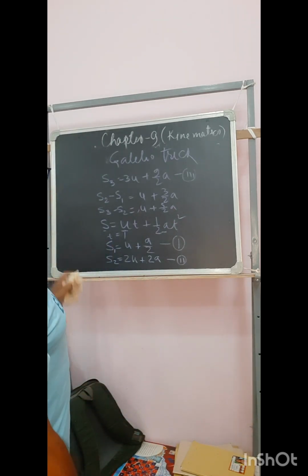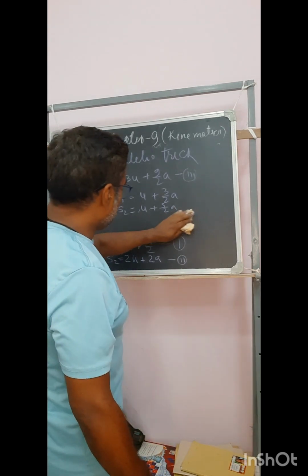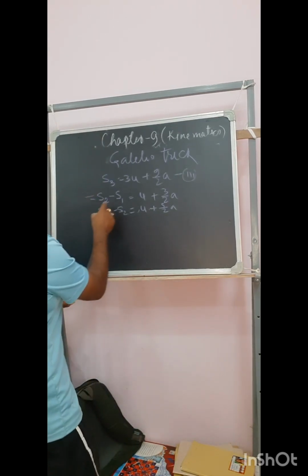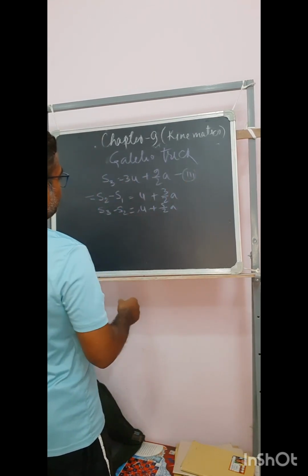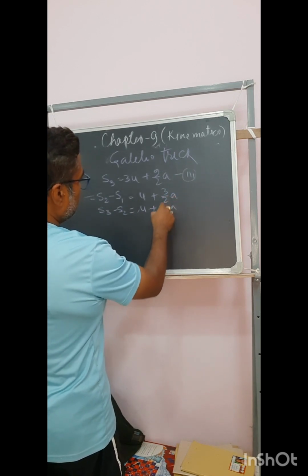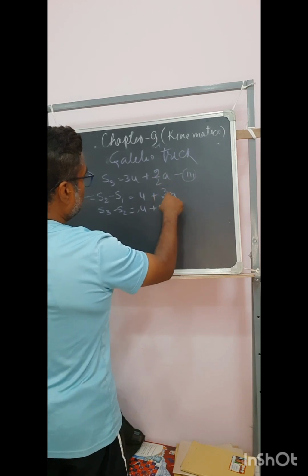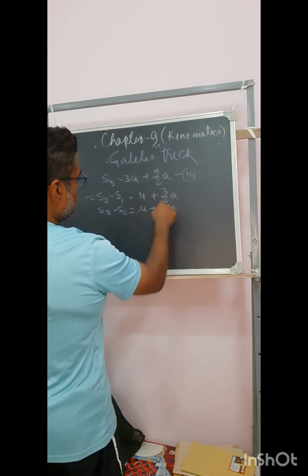Okay, so from here you can understand that the distance traversed in consecutive times follows some formula, in which only this term was changing.